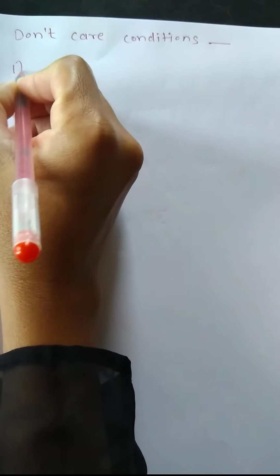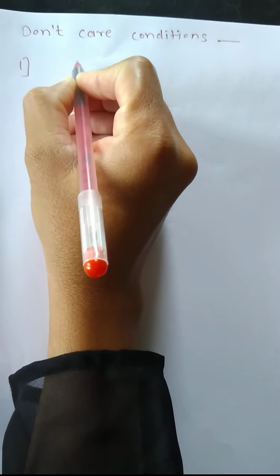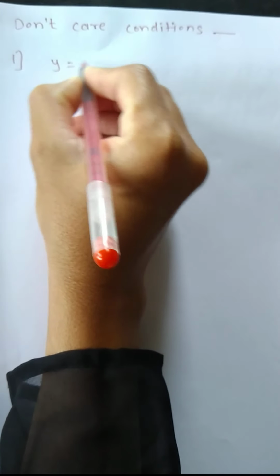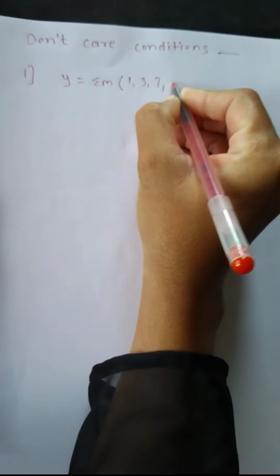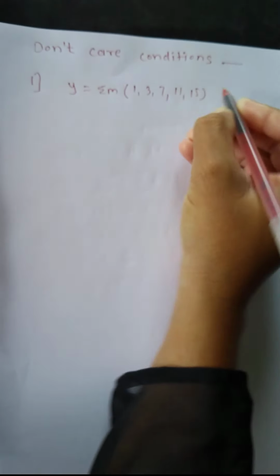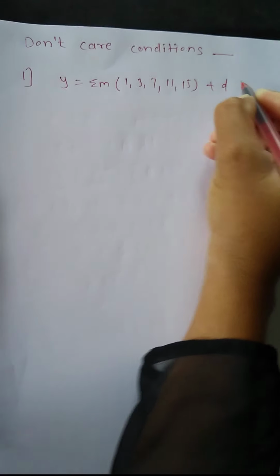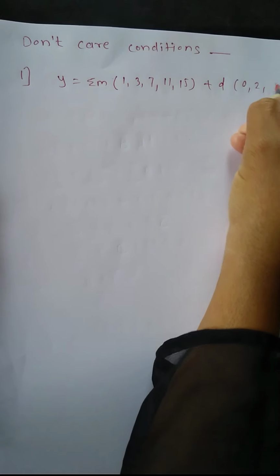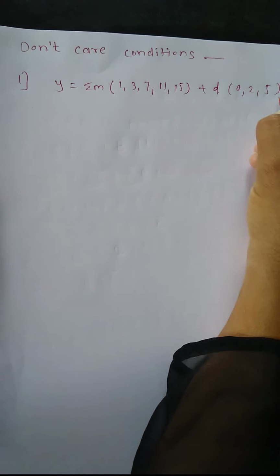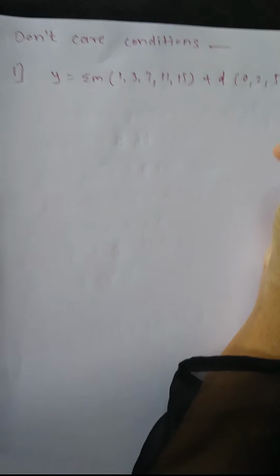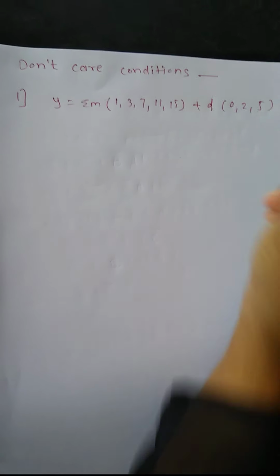Take one example. Simplify y is equal to summation m 1, 3, 7, 11, 15 plus don't care 0, 2, 5. This D is indicated as a don't care, and these are the don't care conditions of input.